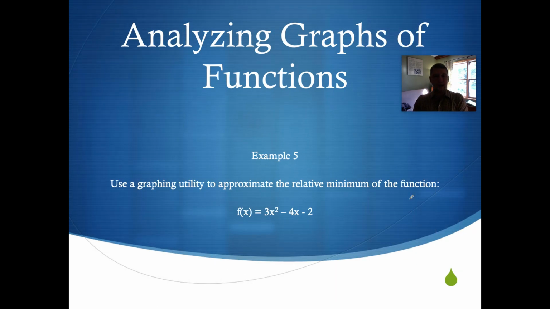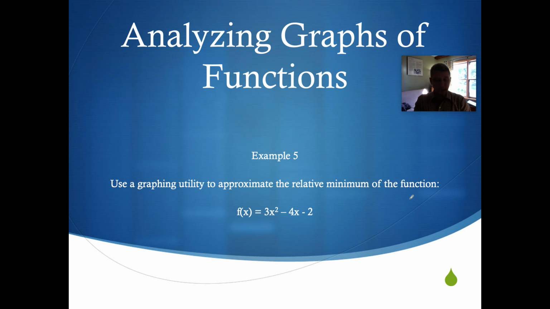So let's have a look at example number 5 here. Use a graphing utility to approximate the relative minimum of the function f of x equals 3x squared minus 4x minus 2.